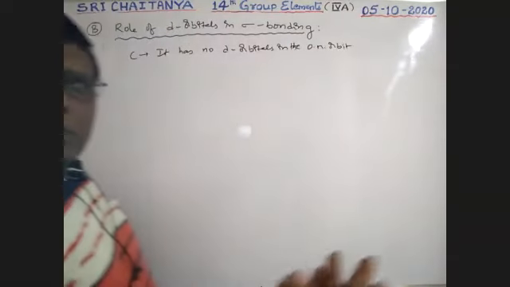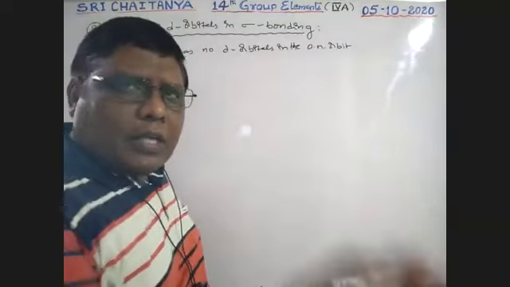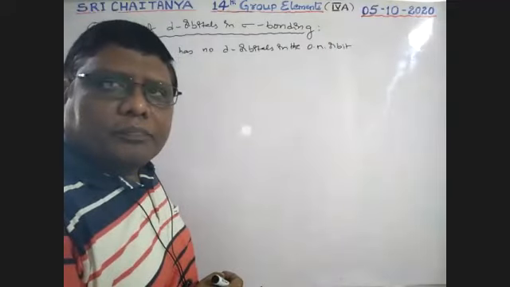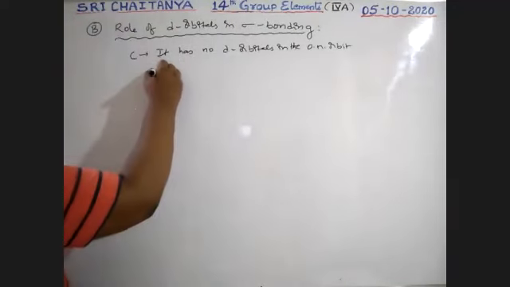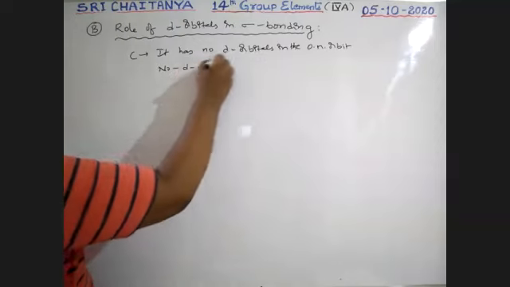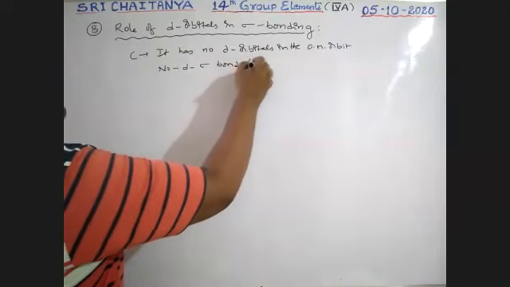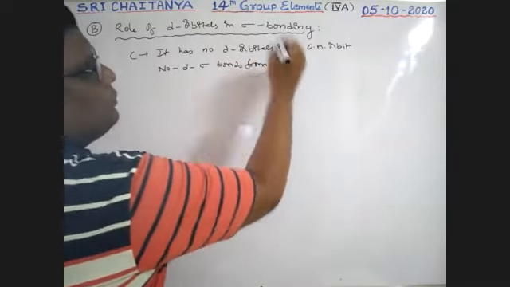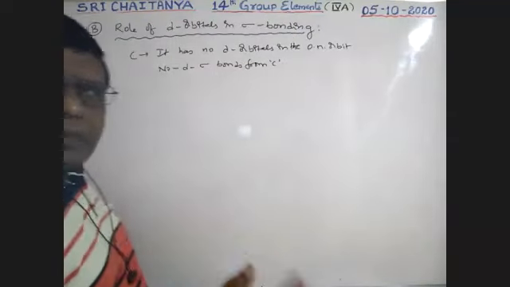So d sigma bonds are not possible from the carbon side. So no d sigma bonds from carbon.